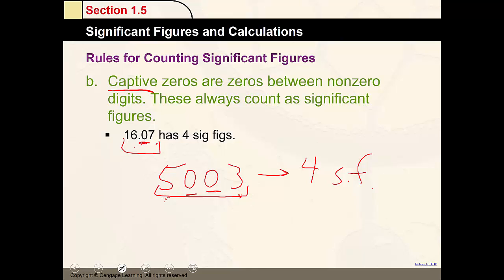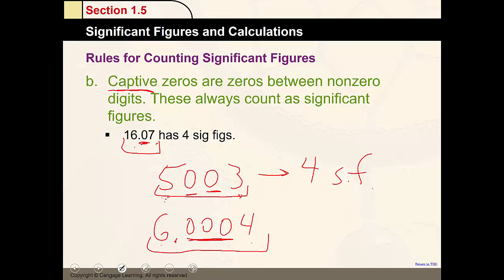And it also does not matter if there is a decimal point in the middle. So let's say we have 6.0004. So all of these zeros are captive. They're still between the 6 and the 4. So therefore, all of these digits are significant.